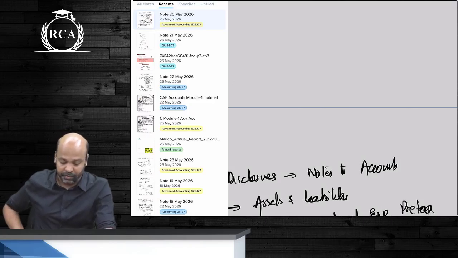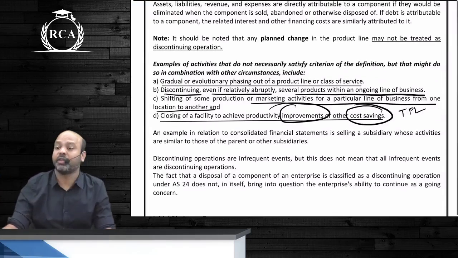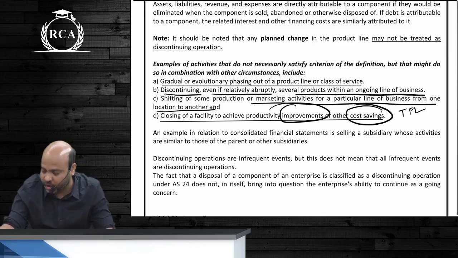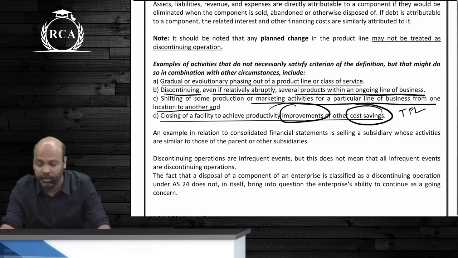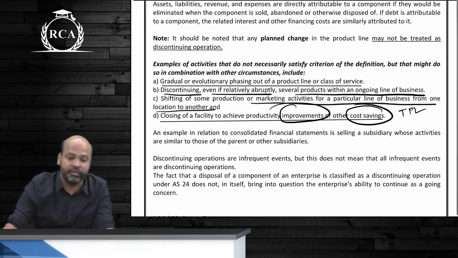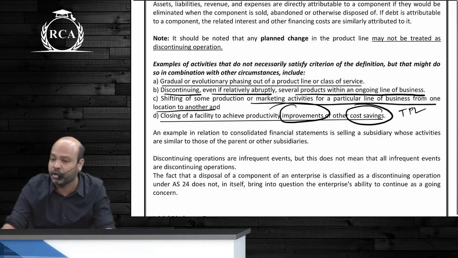The example for this was biscuits or chocolates. A company is dealing with multiple varieties of chocolates. They're discontinuing few chocolate lines. They're not selling any of the assets. If you're shifting your production or marketing facilities from one location to another location, even that will not be a discontinuing operation.